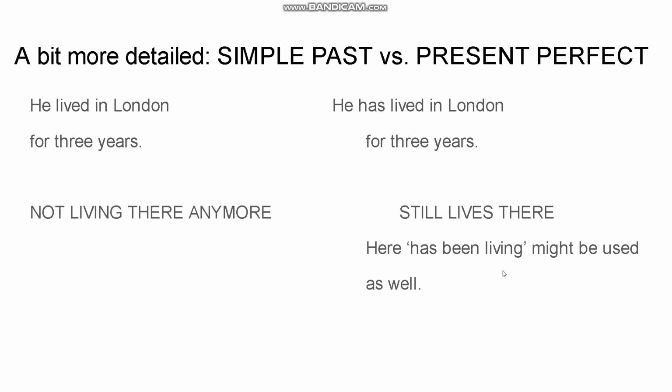In English, they sometimes use has been living as a substitute for this. He's been living in London for 3 years. Then you want to stress the time period that he's living there most of the time. But both are correct and both can be used here. Whereas here, this means that it's over. He's not living there anymore.